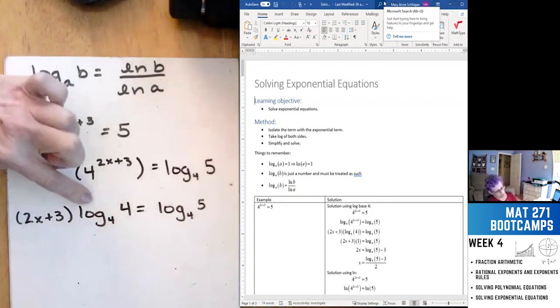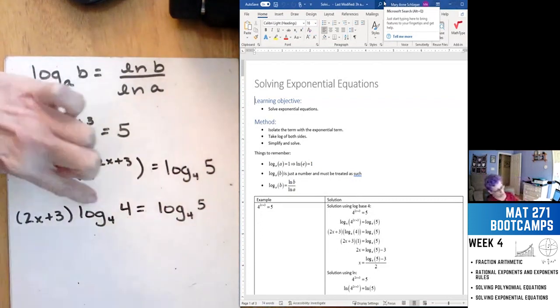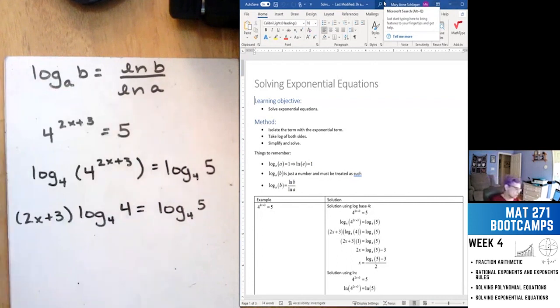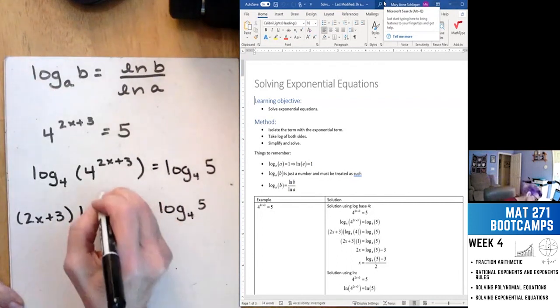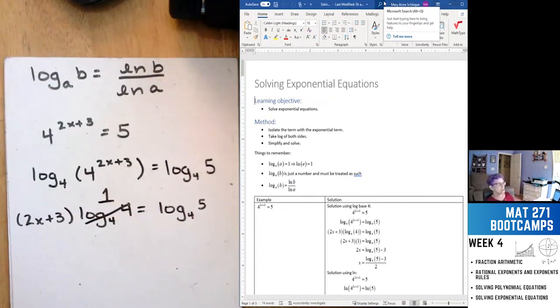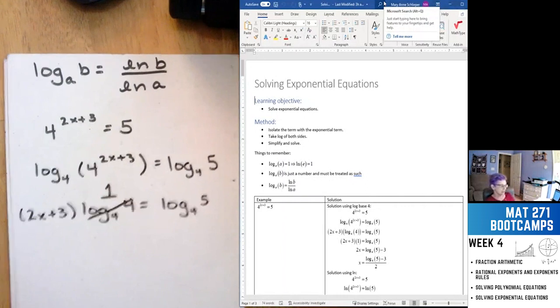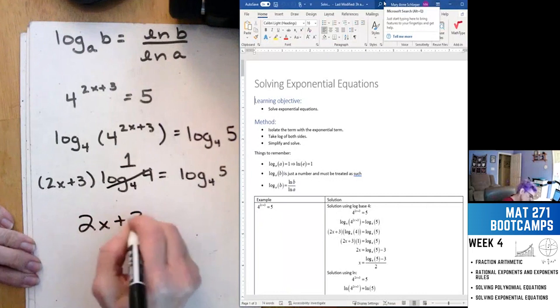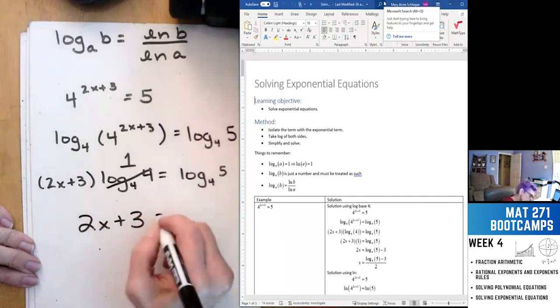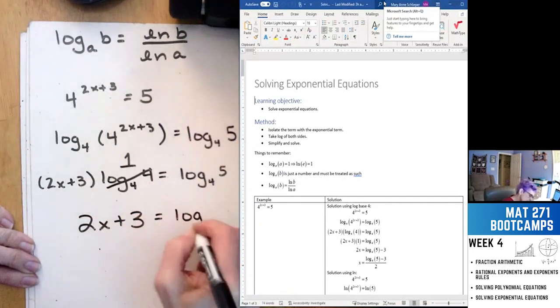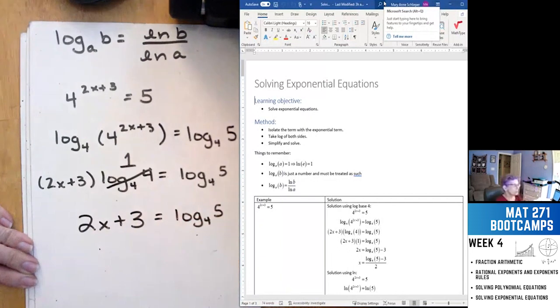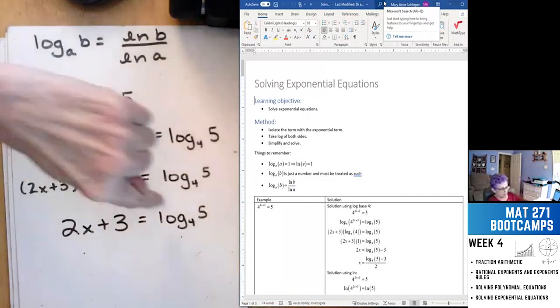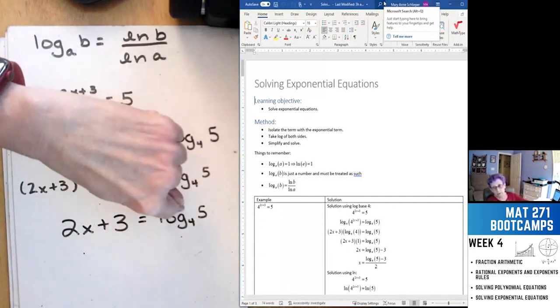Now, the reason I chose log base 4 is because log base 4 of 4 is equal to 1. So now I have this nice friendly 2x plus 3 is equal to log base 4 of 5, but I remind myself that's just a number.